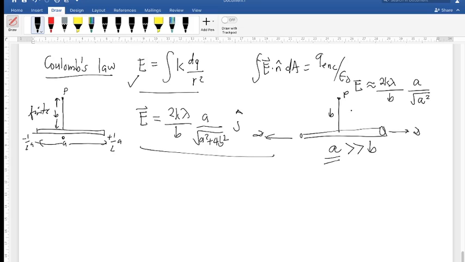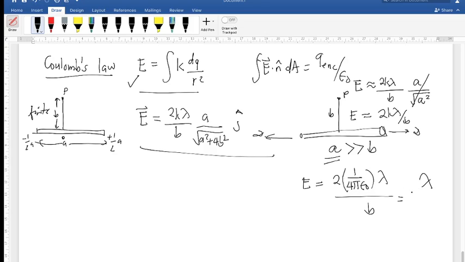So approximately this is equal to 2k lambda over B, so we can cancel this out. Then the electric field is 2 times 1 over 4 pi, which is the value of our k, lambda over B, which we can put as lambda over 2 pi epsilon sub naught B.